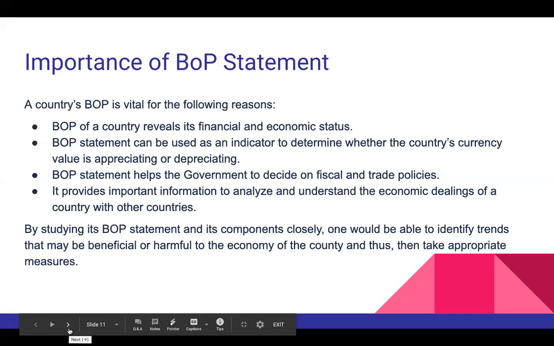Like for example, some country approaches me for loan. I can decide if I should lend to the country or not based on the amount of debt it has. Or if I want to invest into a country, is the country worth investing? Is there a potential? That can be seen only when I see the BOP statement.